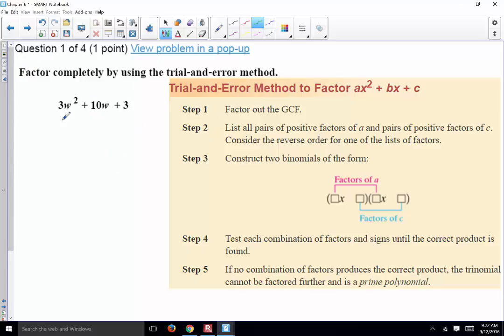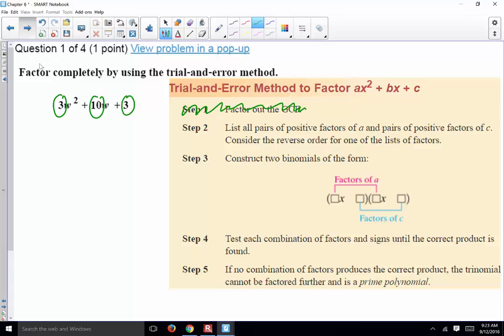And this is good. It's going to improve your number skills. So do this, please. Okay? So what do we do? We first factor out any GCF, anything common in these numbers. Do you see anything common between 10 and 3? No. So this step 1 is usually skipped.